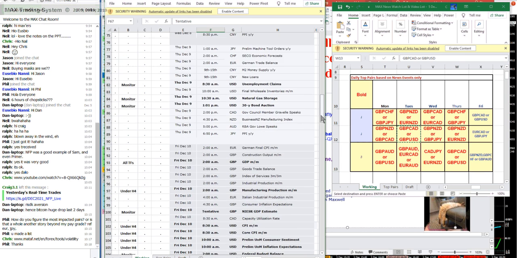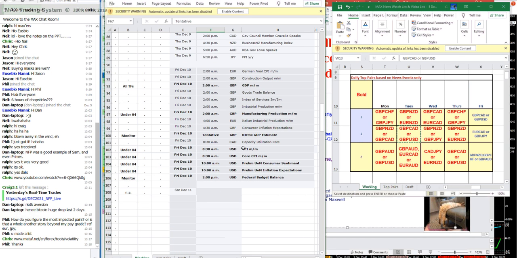And on Friday, we've got the pound. So pound, pound, pound, pound, and pound, yeah. And the US dollar here, okay. And that's it. So we will have the pound US dollar or the pound yen. Then the pound Swiss or the pound Kiwi.